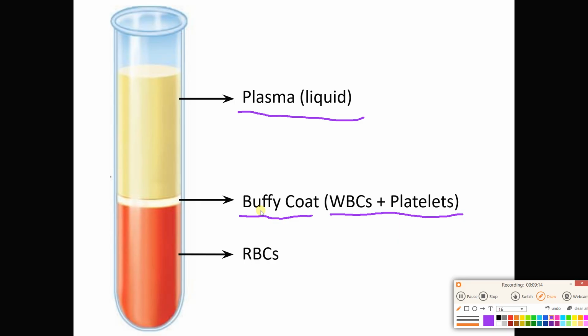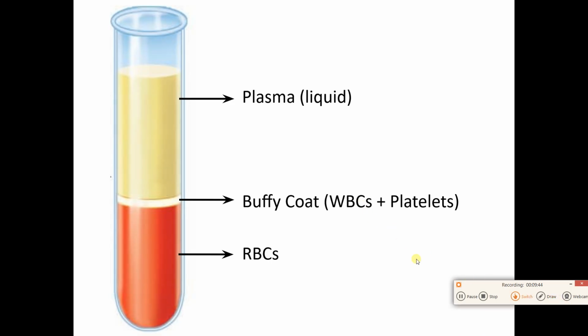Buffy refers to the color, a buff, an off-white color. Then finally, look how big this is in terms of the cells, especially the red blood cells, the erythrocytes. They are going to form this bottom red region. So when we centrifuge blood, we can see these 3 major regions, including the plasma, the buffy coat, and the red blood cells. And the buffy coat consists of the white blood cells and the platelets.